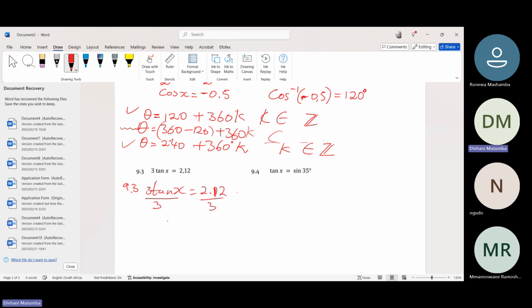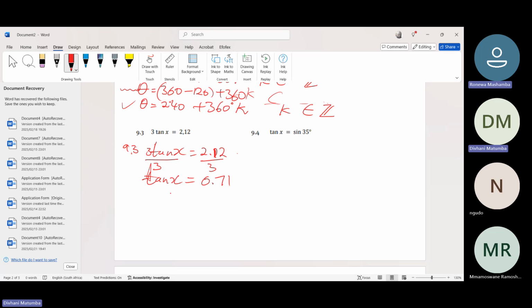Then you have tan x equals 0.71. Then x is equal to arctan 0.71, which gives x equals 35.37 degrees. Okay, the general solution?